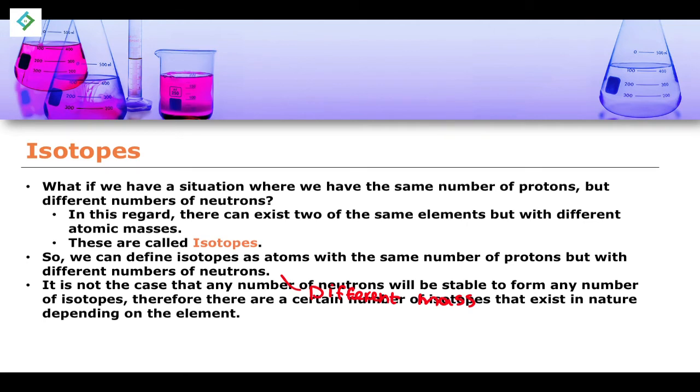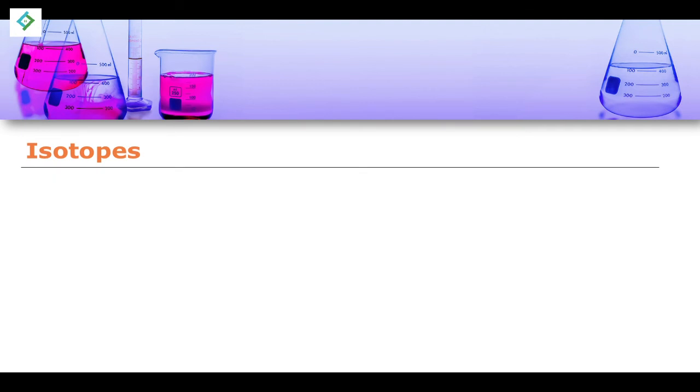In fact, depending on the element, there are a number of different stable isotopes in existence. Some have more, some have less. The heavier the element goes, down to things like plutonium and uranium, the more different isotopes they have, because they have more and more different combinations of neutrons to protons in the nucleus to form different masses.